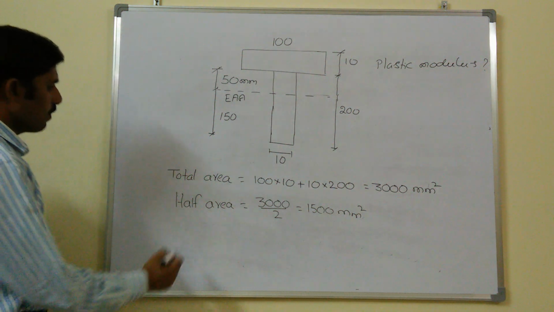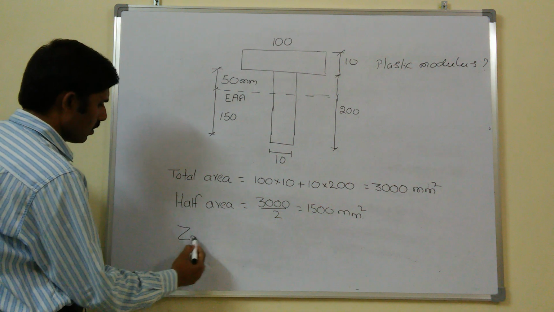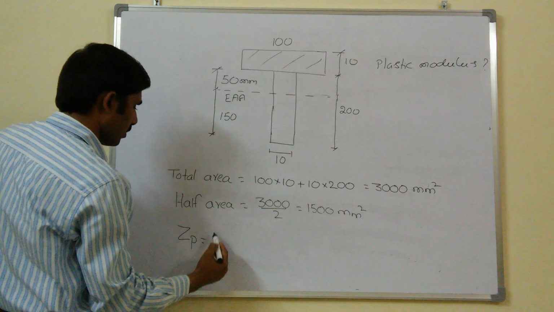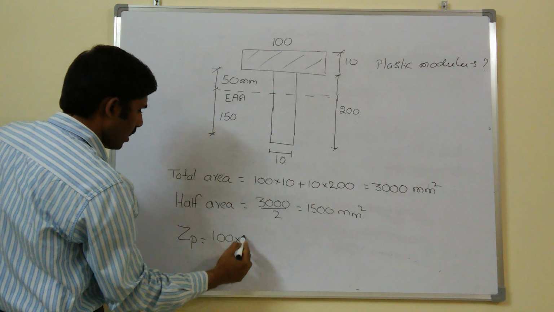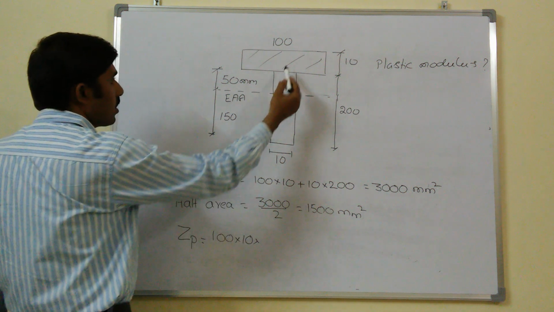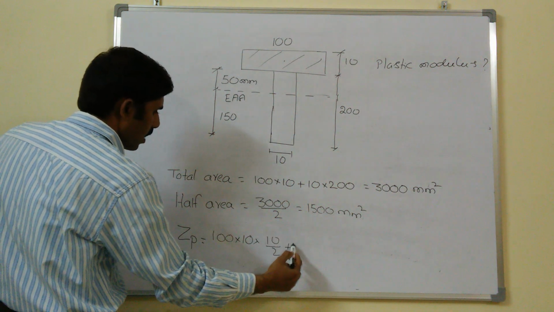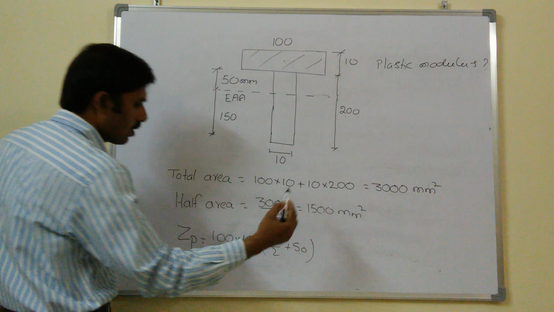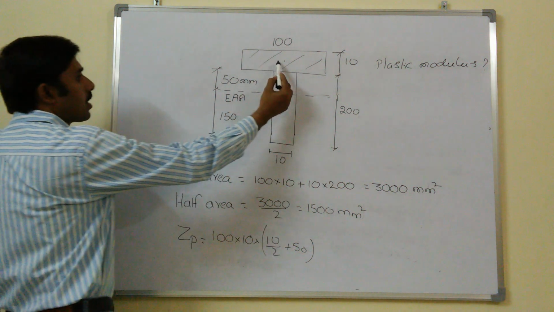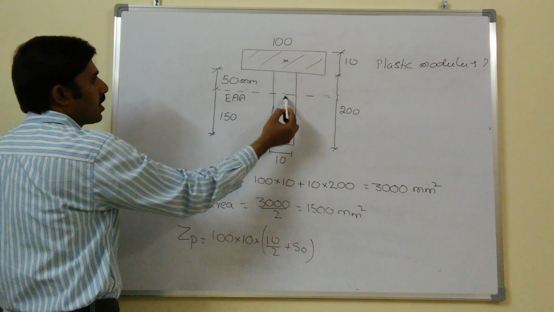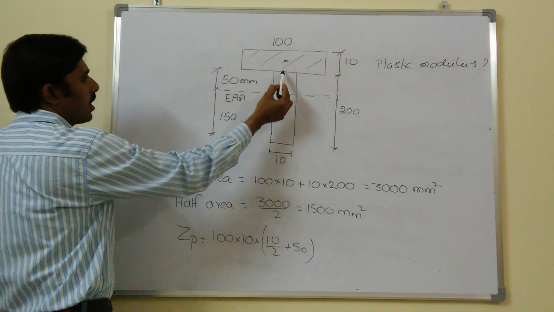Now ZP will be like this. This rectangle area is 100 into 10, and its centroid distance is 10 by 2 plus 50. Its centroid is here to here: the distance is 10 by 2 and then 50.